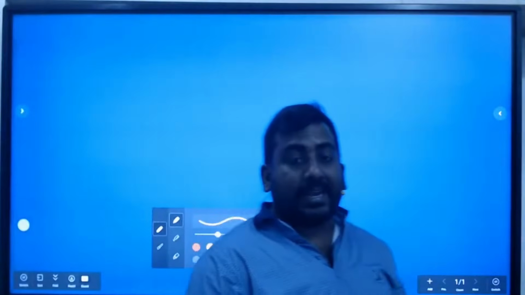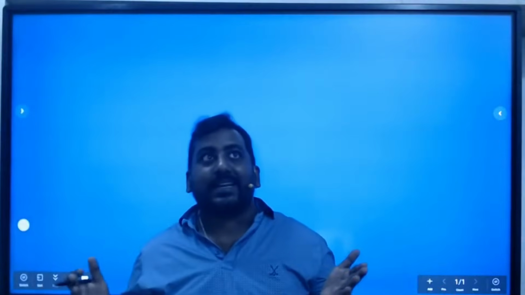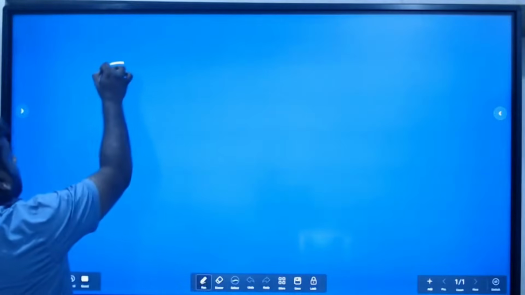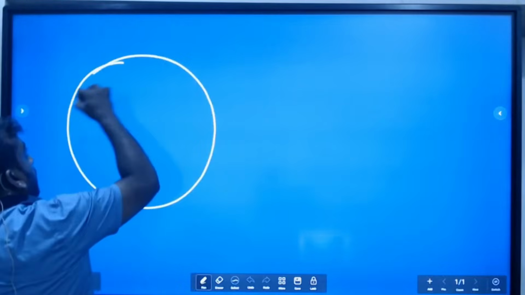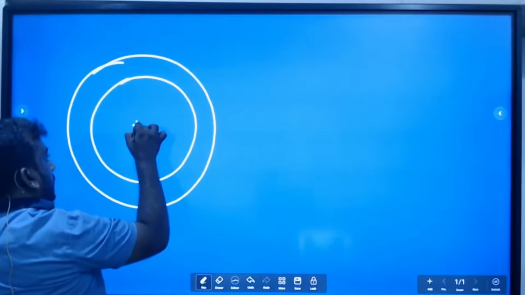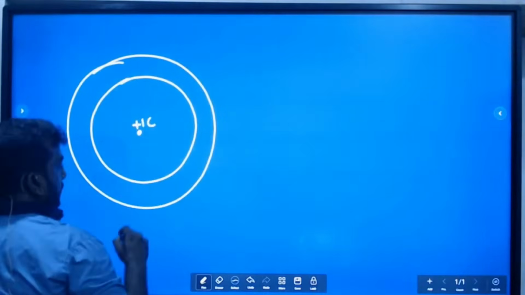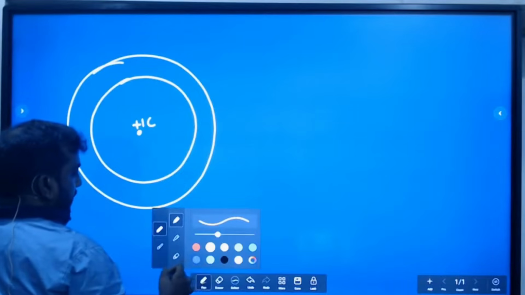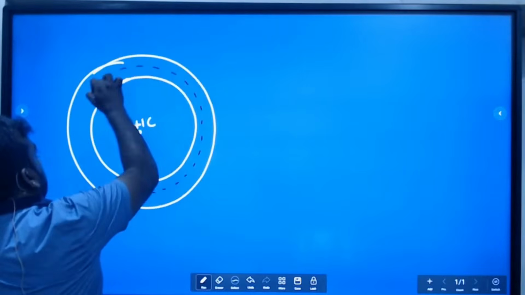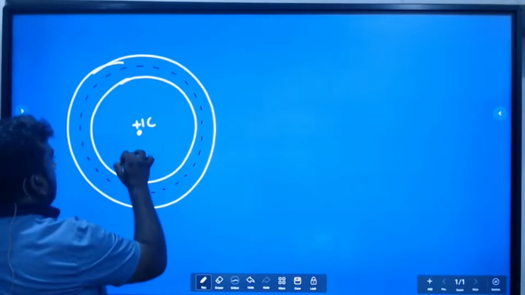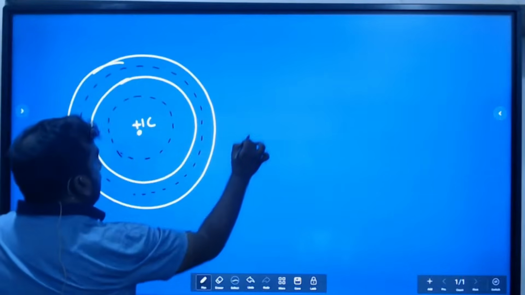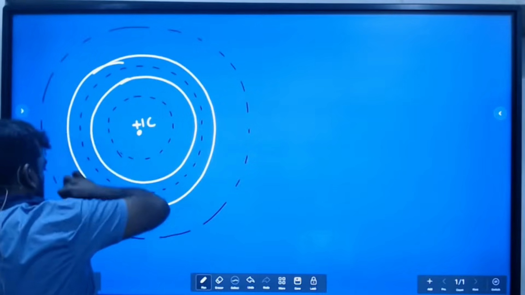So you can clearly see a very interesting connection. Here plus 1 coulomb. If you draw the Gaussian surfaces, you have a Gaussian surface here, you have a Gaussian surface there, and you have a Gaussian surface here.